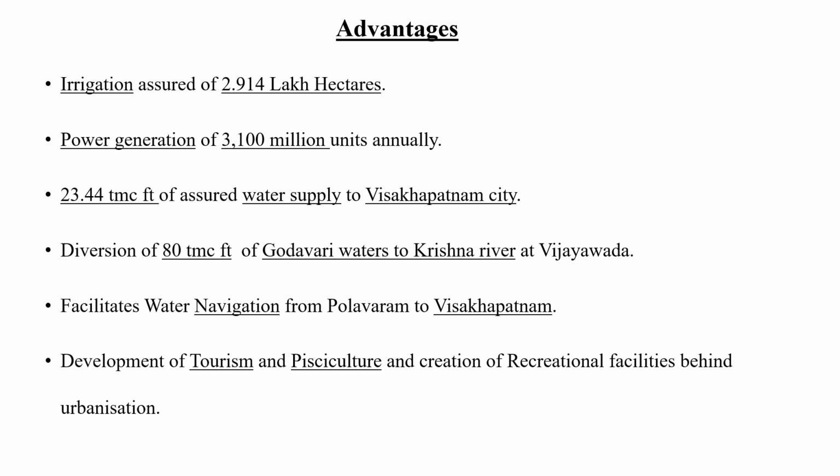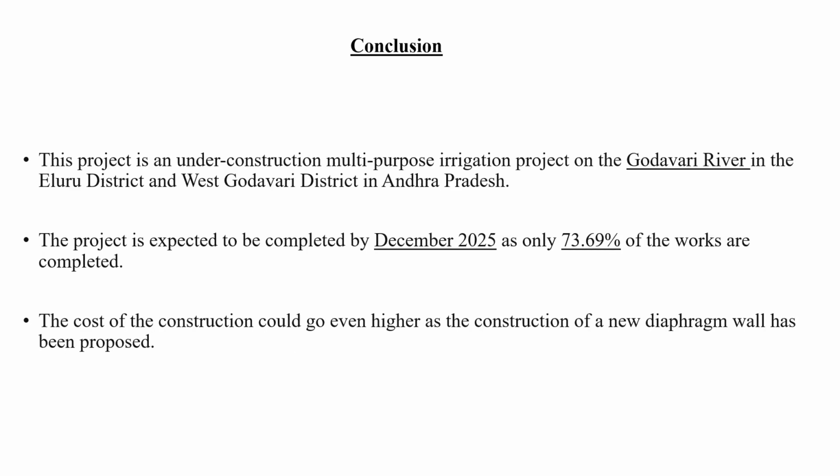Diversion of 80,000 million cubic feet of Godavari waters to Krishna River at Vijayawada facilitates water navigation from Polavaram to Visakhapatnam. Facilitates navigation means vessels can go through the water. Development of tourism and pisciculture and creation of recreational facilities behind the urbanization.